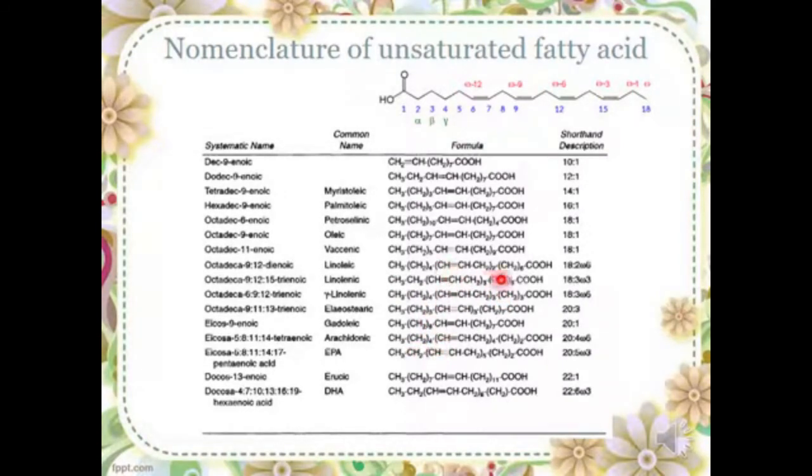So omega 6 means the position of the first double bond is at omega 6. Whereas for linolenic, EPA and also DHA, the first double bond from the omega carbon is at omega 3.